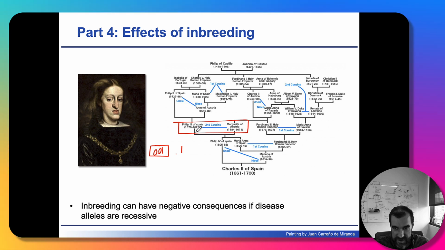But because individuals of a family are much more likely, if one is a carrier, to also be a carrier, you can end up having this violation of Hardy-Weinberg that causes a much higher frequency of homozygous recessive diseases.